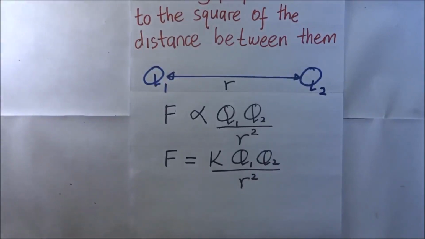From experimental observations, the value of K is equivalent to 9 times 10 to the power 9, which is also equal to 1 over 4 pi epsilon naught.